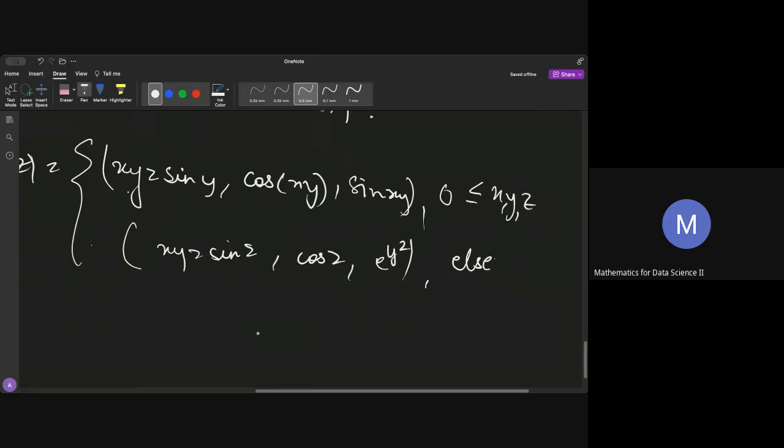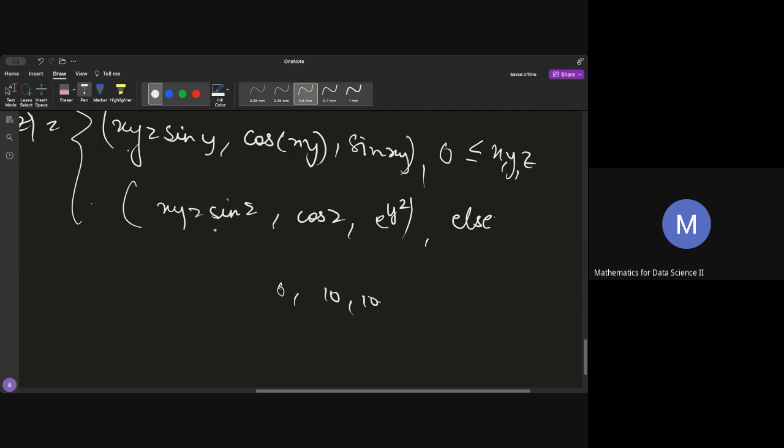Let's say x is 0, y is 10, and z is also 10. Then all of these are greater than or equal to 0, so I should be considering this part, not this one.